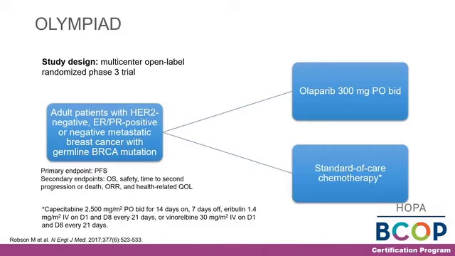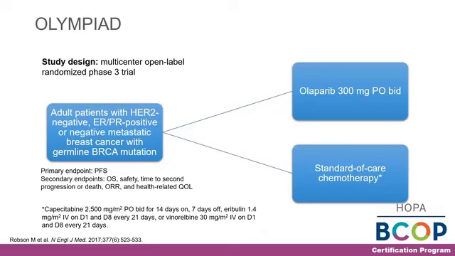The next two studies are on our PARP inhibitors. So the OlympiAD study is what I'll start with. This included adult patients with HER2 negative, ER/PR positive or negative metastatic breast cancer with a germline BRCA mutation. And they were randomized to olaparib, 300 milligrams twice a day, or standard of care chemotherapy, which I have listed at the bottom left for you.